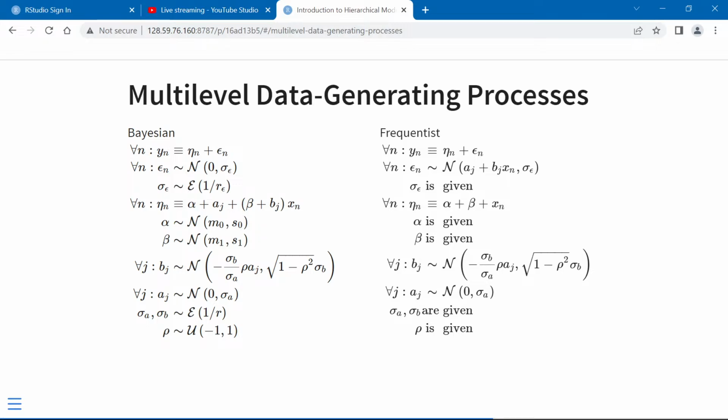So eta is alpha plus beta times x, but alpha and beta as well as x are given. You have this bivariate normal assumption on the a's and the b's, which looks identical to the prior bivariate normal that the Bayesians used on the A and B. Literally the same distribution.